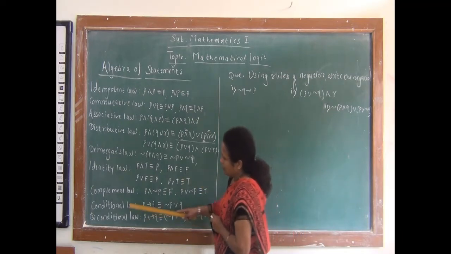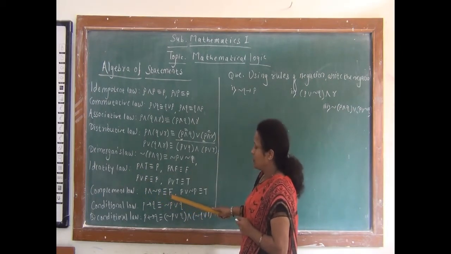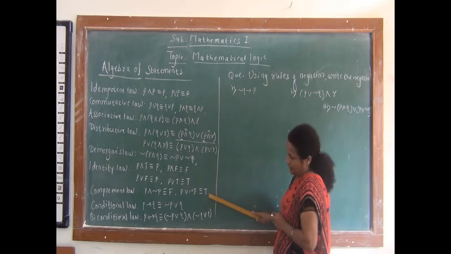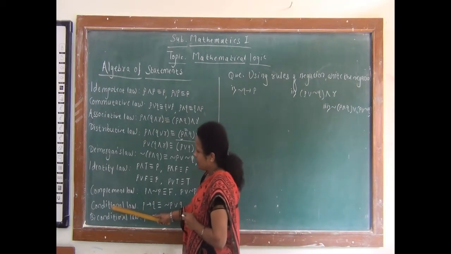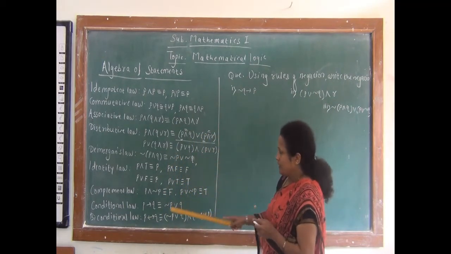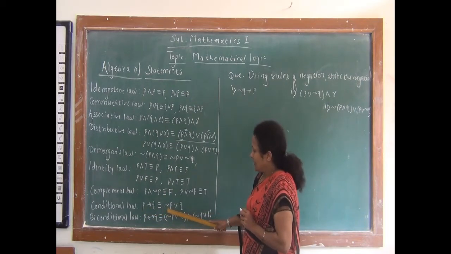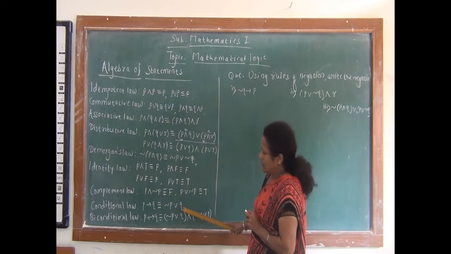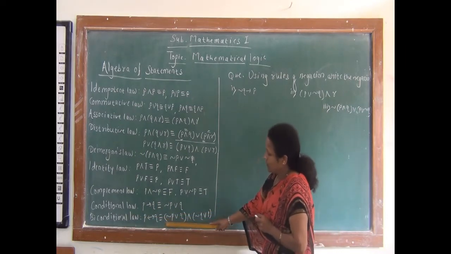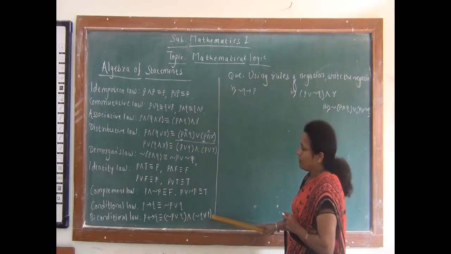Then again an important law, complement law: P and negation P equivalent to F, and P or negation P equivalent to T. Then we write equivalent statements, that is conditional law and biconditional law. The equivalent statement of the conditional, P implies Q, is negation P or Q. And for biconditional law we write P double implication Q is equivalent to (negation P or Q) and (negation Q or P).